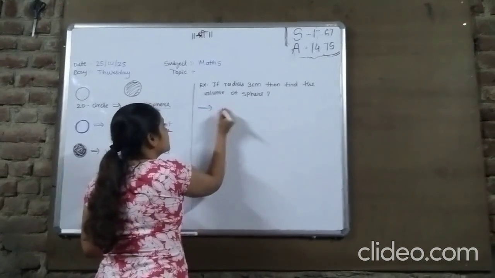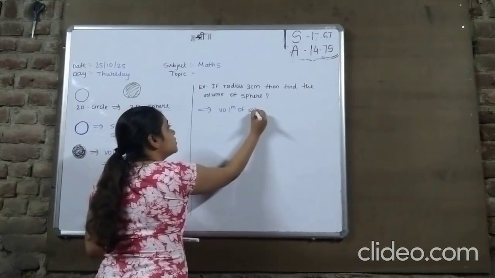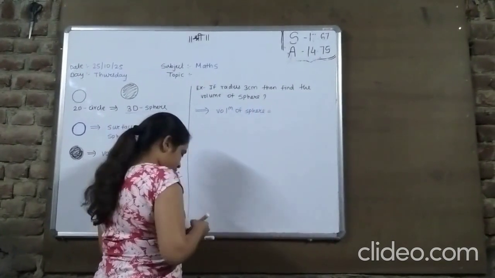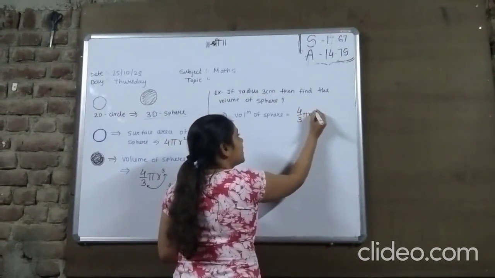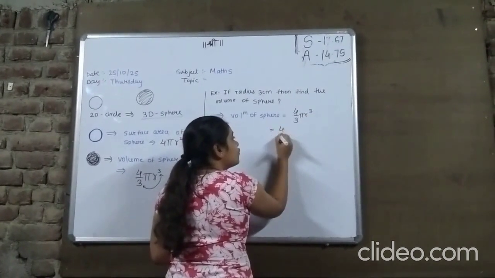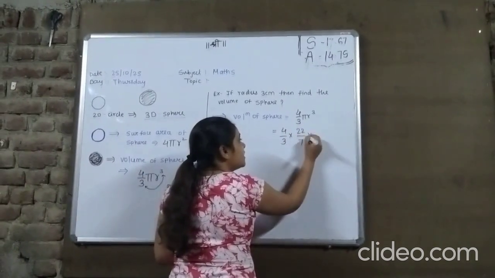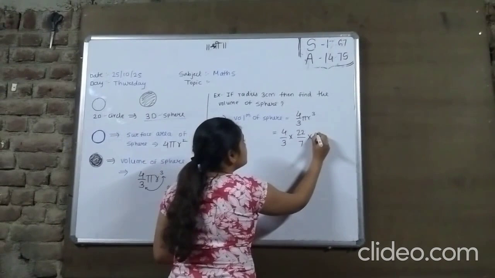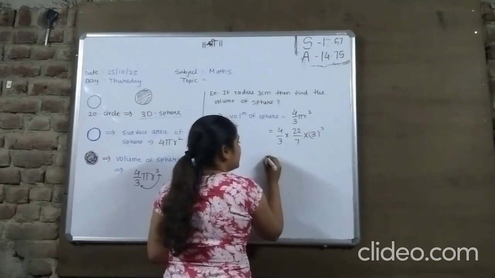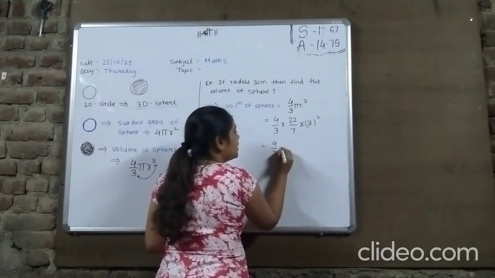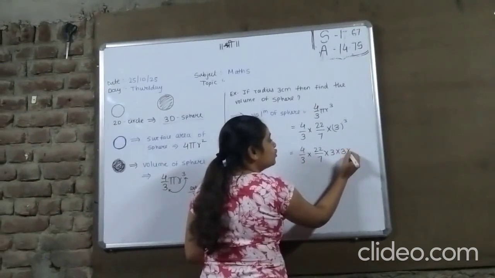Volume of sphere is equal to 4 upon 3 pi r cube. So 4 upon 3 into 22 by 7 into 3 into 3 into 3.